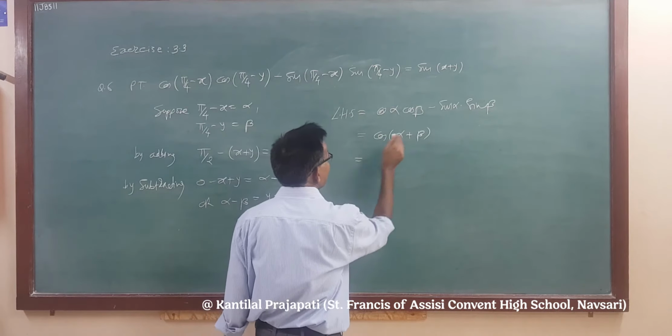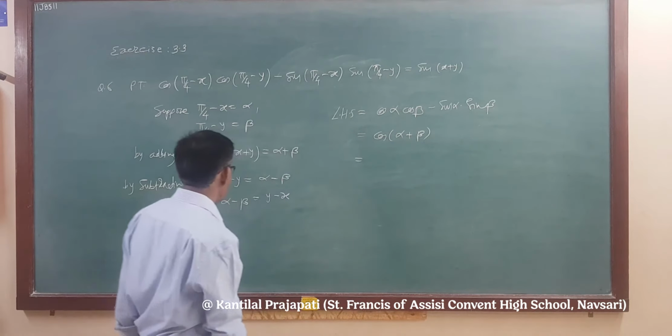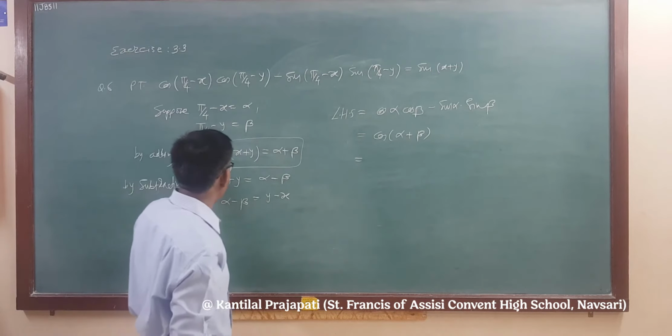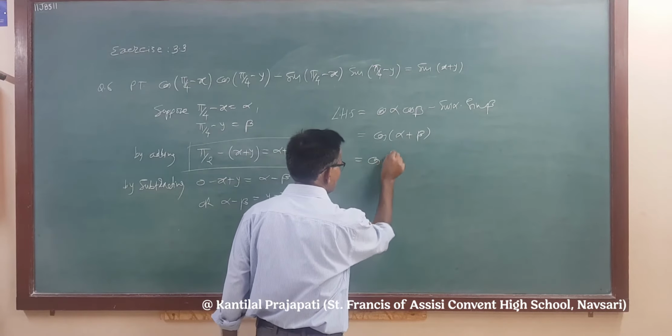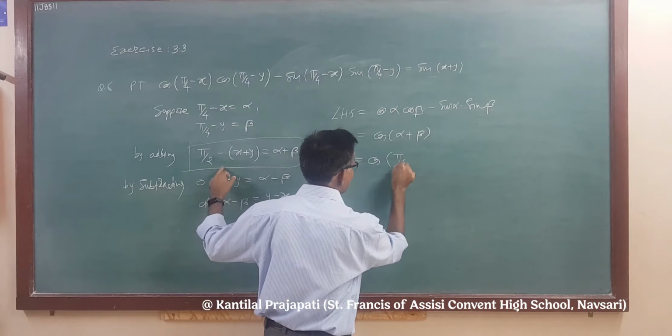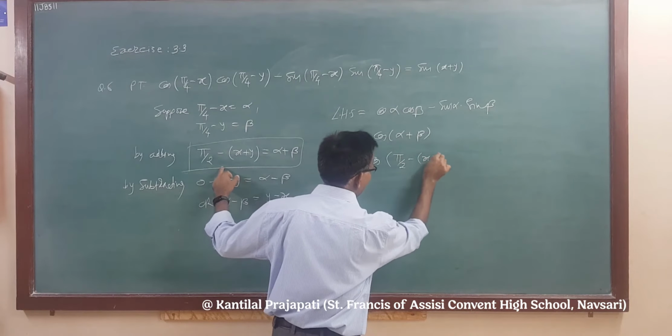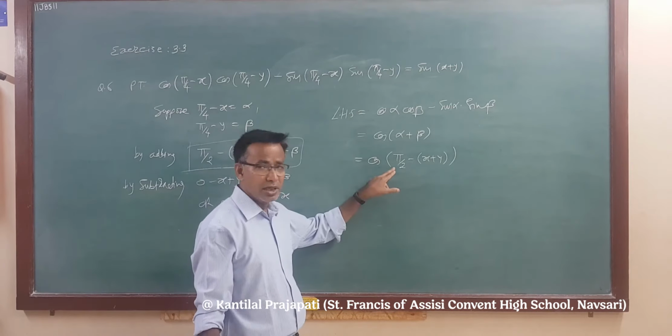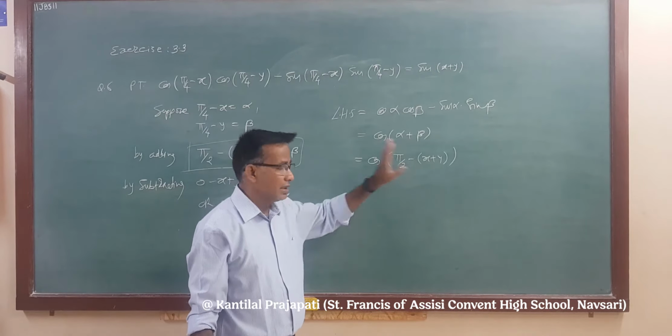Alpha plus beta. What is the alpha plus beta? The alpha plus beta is given here. Substituting the value of alpha plus beta, it is cos of pi by 2 minus x plus y. Right. And then add pi by 2. See here, this is the pi by 2 minus theta form.